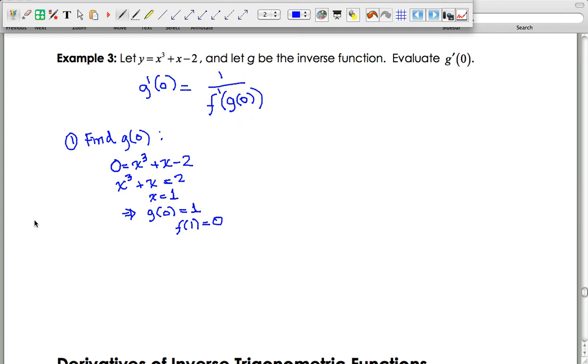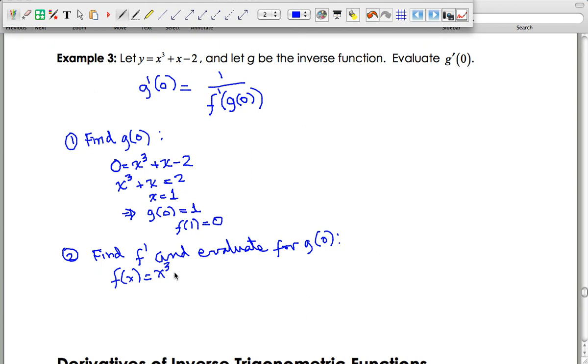So the second step would be to find f prime and evaluate for g of 0. If f of x is x cubed plus x minus 2, then f prime of x is, that's easy peasy for you, 3x squared plus 1.